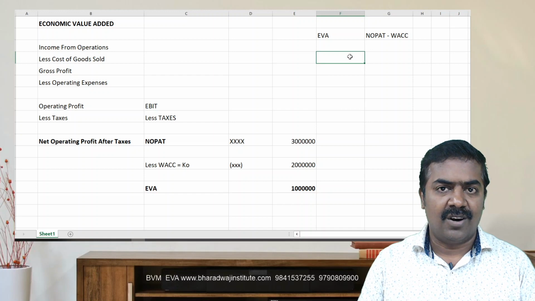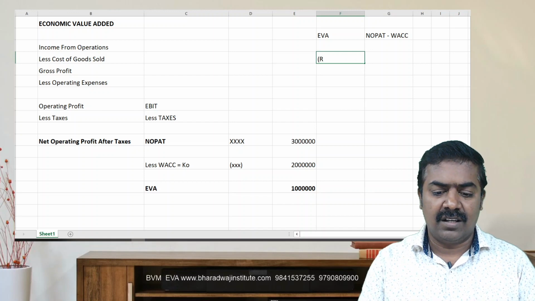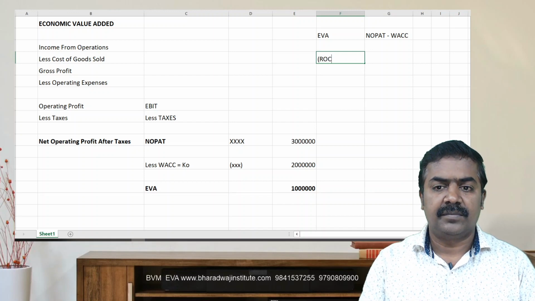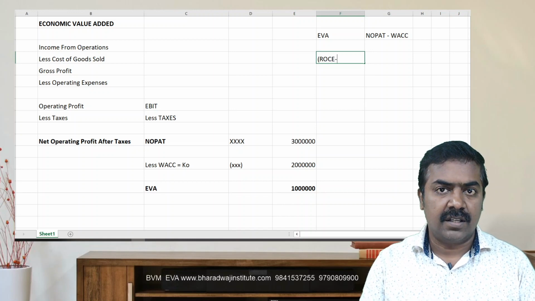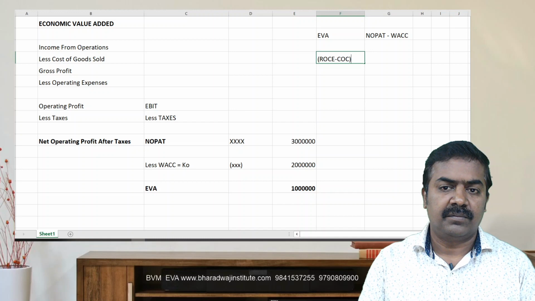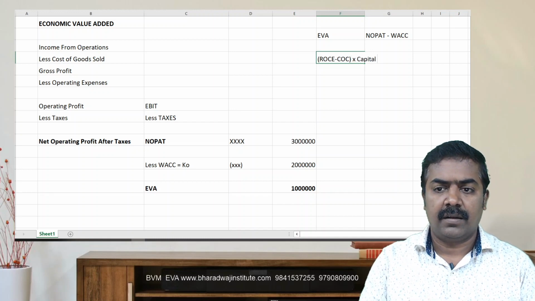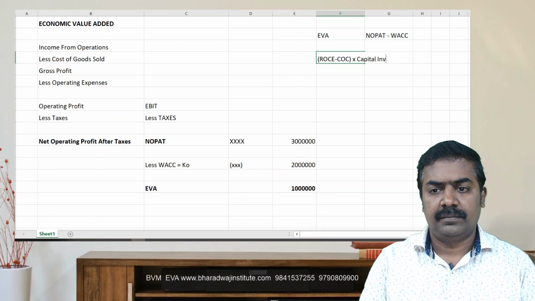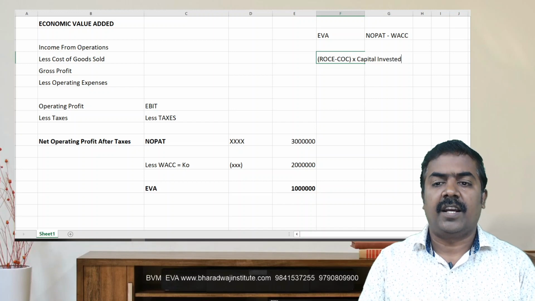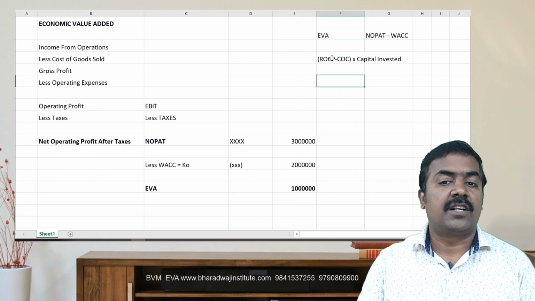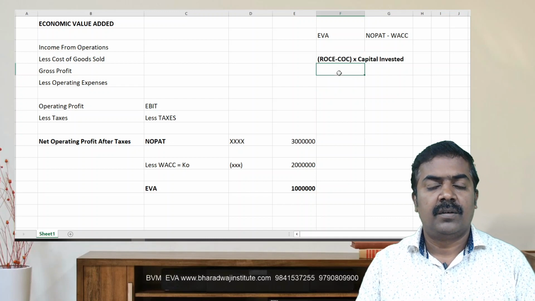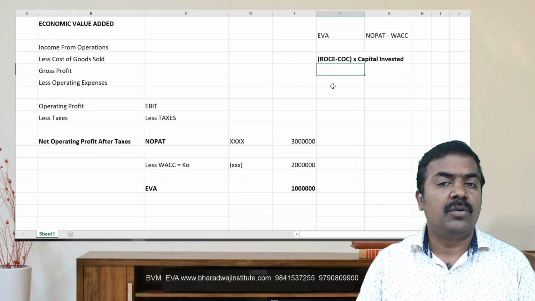Or, return on capital employed minus cost of capital, multiplied by capital invested. It's an alternative approach. Return on capital employed, how to calculate? Simple.